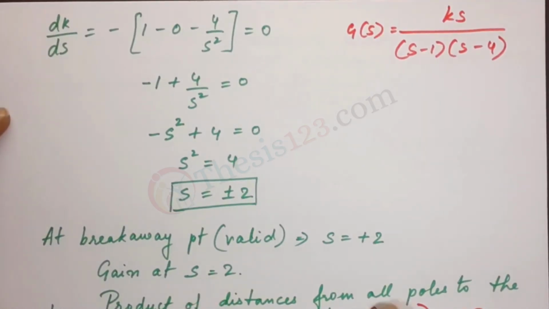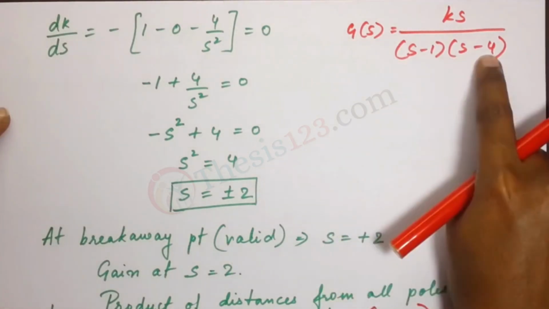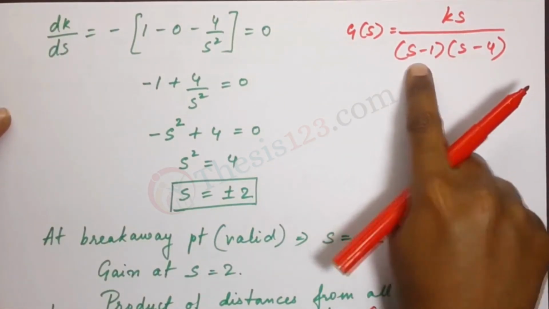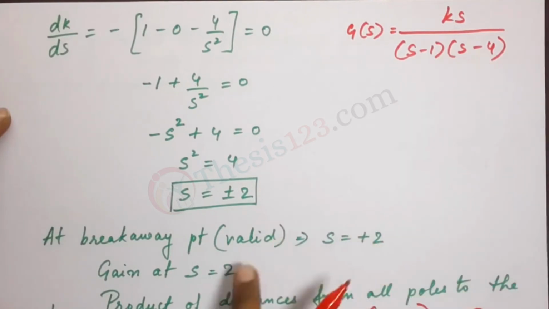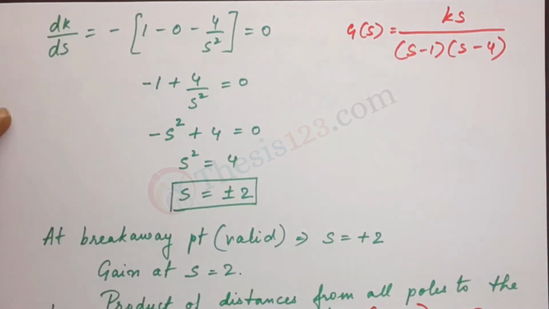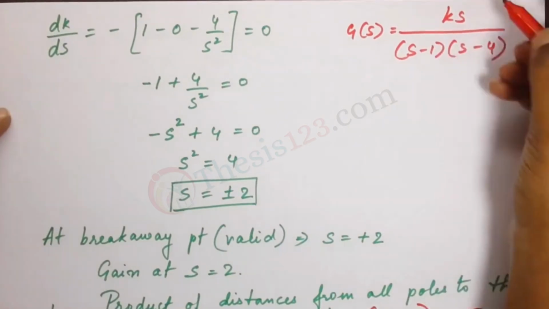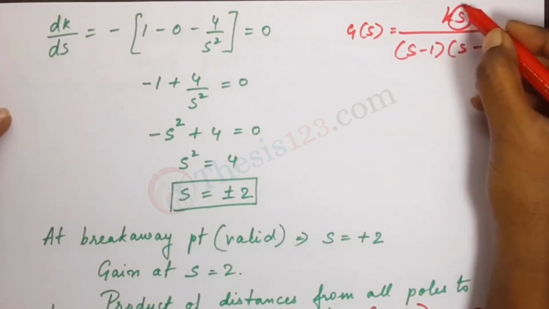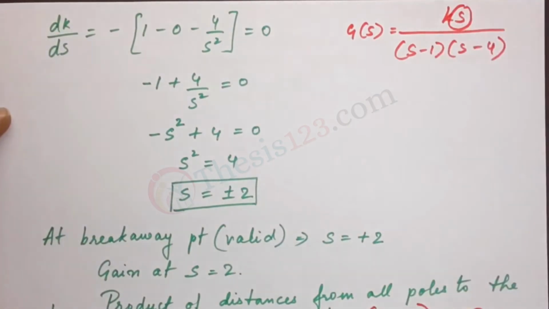The product of distances from all the poles to the breakaway point corresponds to the denominator of what's given to us, (s minus 1)(s minus 4). Substitute 2 in place of s here. That will give us the top part of the ratio of K. And the product of distances from all zeros to the breakaway point is the numerator, and that is just s, because we are finding out what K is, so s remains, which is 2.